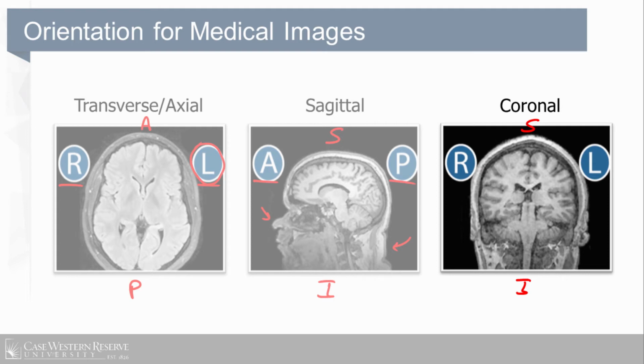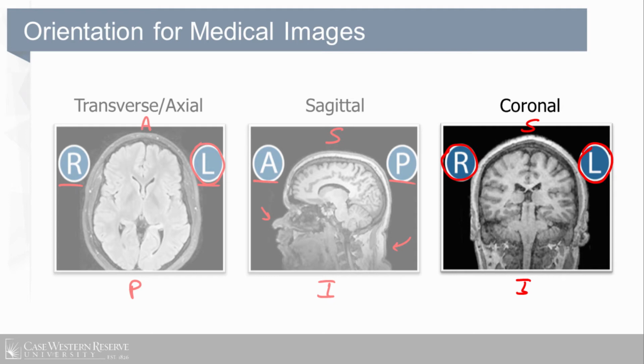And again, as in our transverse and axial images, we have the right-hand side of the patient on the left-hand side of the image, and the left-hand side of the patient on the right-hand side of the image. And again, you could imagine that this image is in the orientation of a doctor approaching a patient from the front. So if I'm a doctor and I'm walking up to my patient, then their left hand will be on my right side and vice versa.